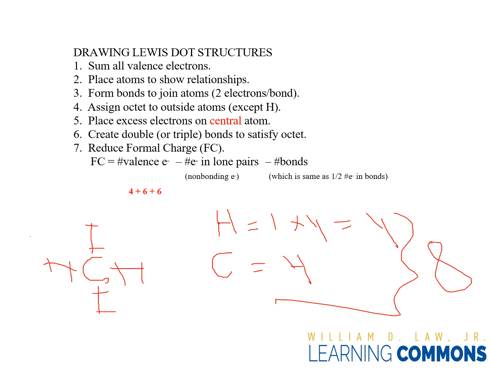Therefore, we use a dash line to represent the 2 electrons. And we have the 8 electrons here. I have to place 8 electrons around the center atom, like 2, 4, 6, and here 8.